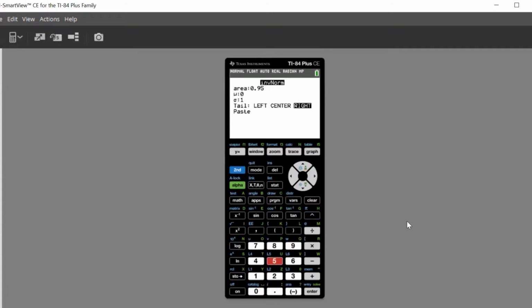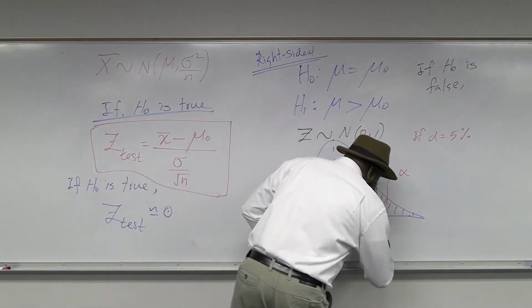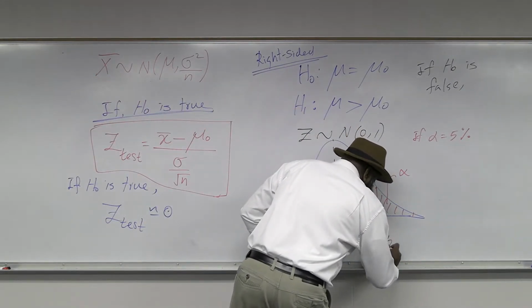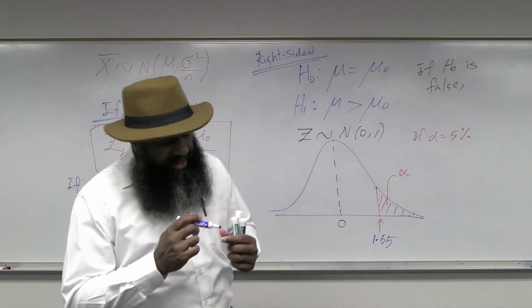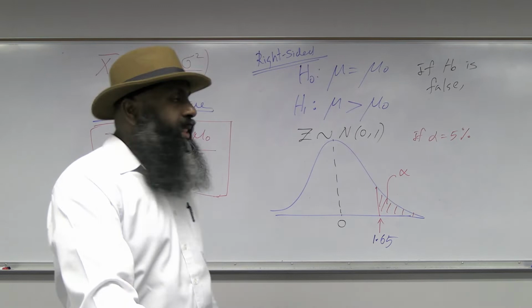So if I enter 0.95 in this calculator, I should select the tail as left, then select paste, hit enter, and hit enter again. The answer is 1.645. It's okay to write it as 1.645, or you can write it as 1.65.